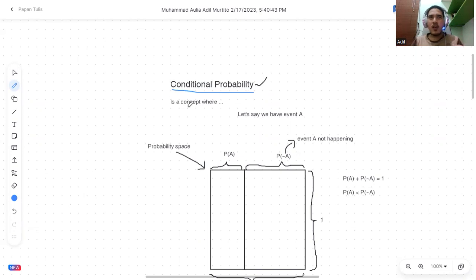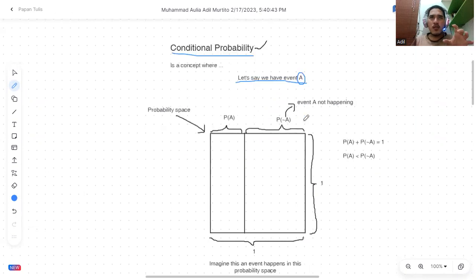So, first of all, let's say we have an event A, okay? With this event A, we can calculate its probability. The probability of event A happening is P(A), okay?